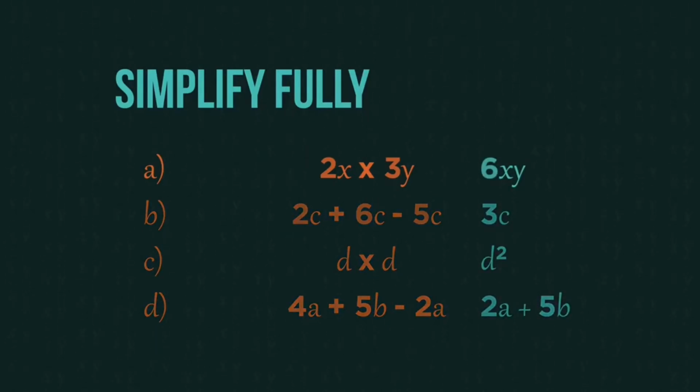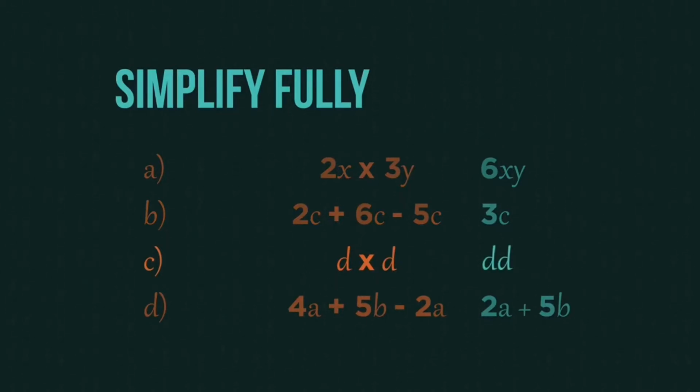For the first one, we just do 2 multiplied by 3 is 6 and remove the multiplication sign so we get 6xy. In the second one, we group the same letters together. So 2 plus 6 minus 5 gives us 3c. Here, we need to get rid of the multiplication sign, which would give us dd.